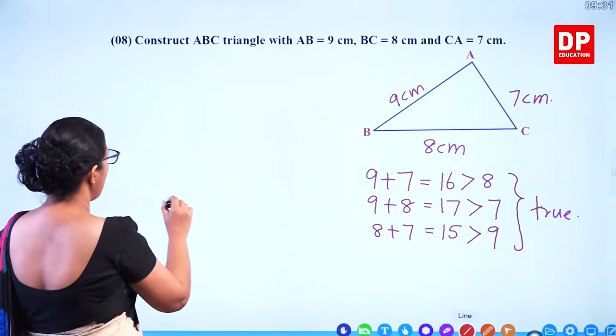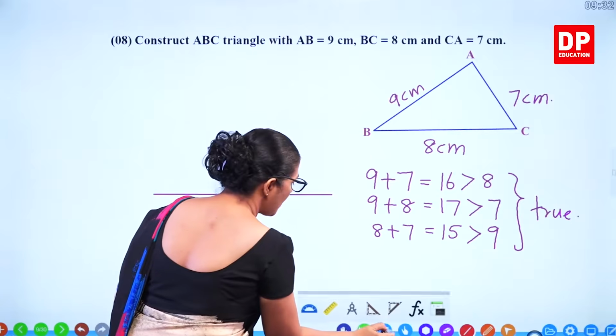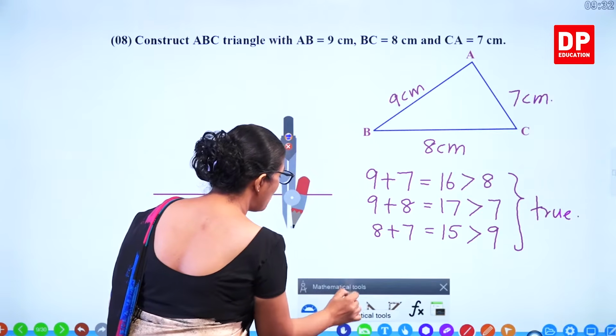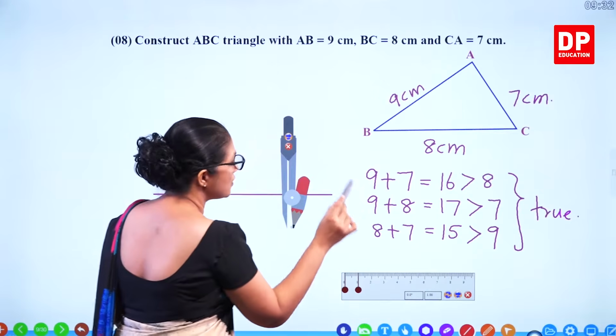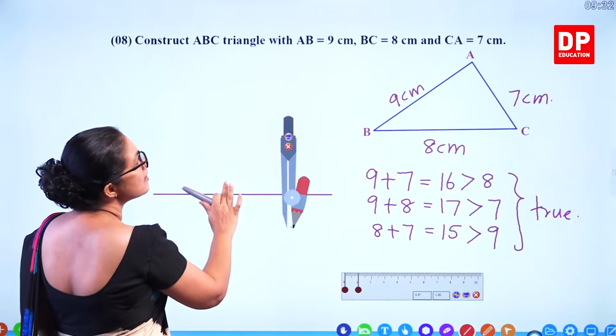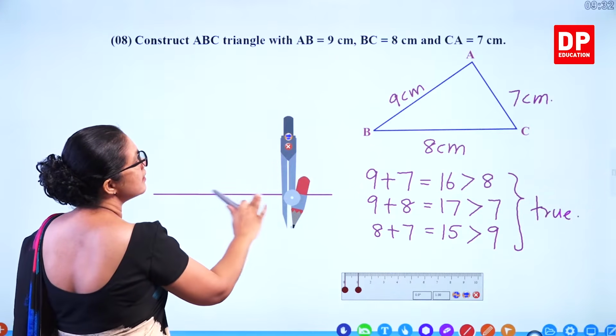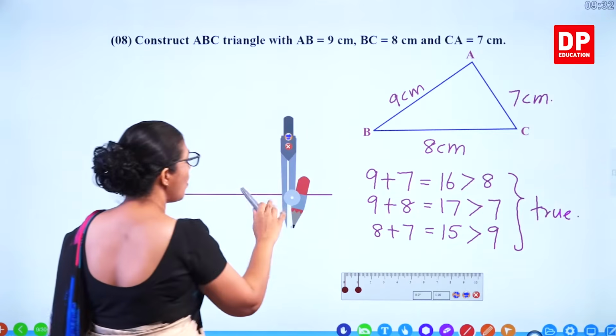So first draw any length and take the compass and the ruler. What's the largest one? 9. So we'll take 9 on this side, or we'll draw the same thing. So 8 centimeter on this line.